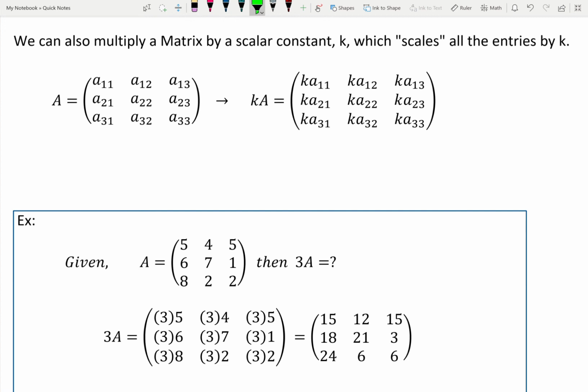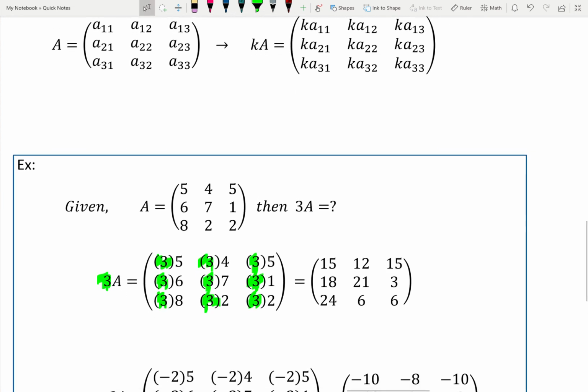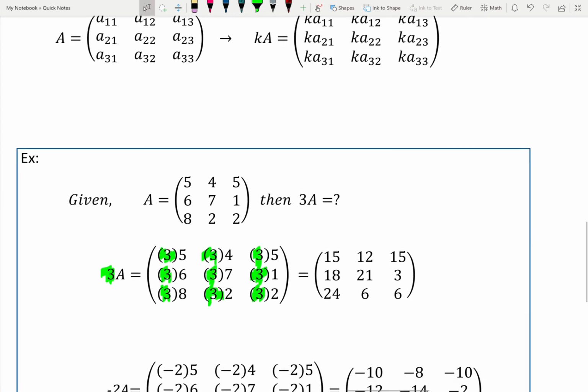And then my result is just going to be, sorry, I meant to highlight that when I was making it, but it didn't work out. And then you would just multiply all these 3's to your corresponding entry and you would get your result. Like I said, nothing we're doing in this section is very hard. It's just there's a lot of things you have to know.